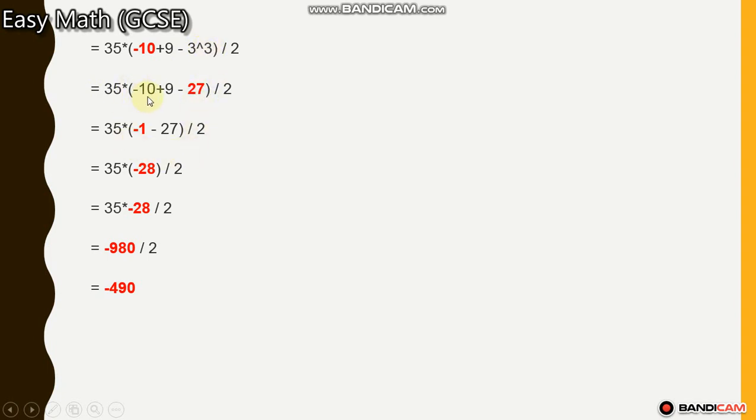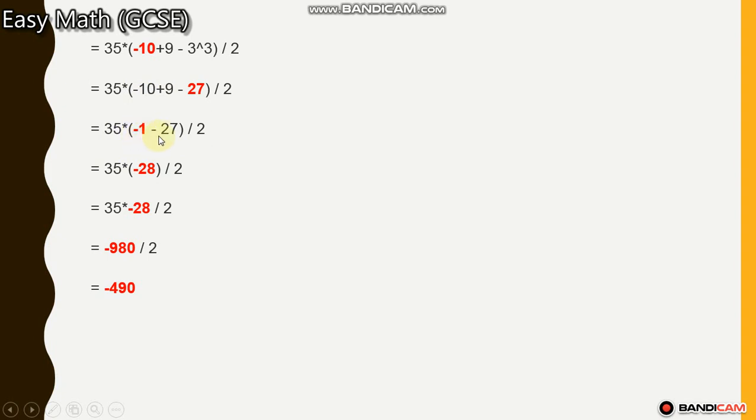And negative 10 plus 9 inside the brackets, we have to answer the value. If you have two integers with different signs, subtract and put the sign of the larger value. So negative 10 plus 9 gives you negative 1, minus 27. Continue.